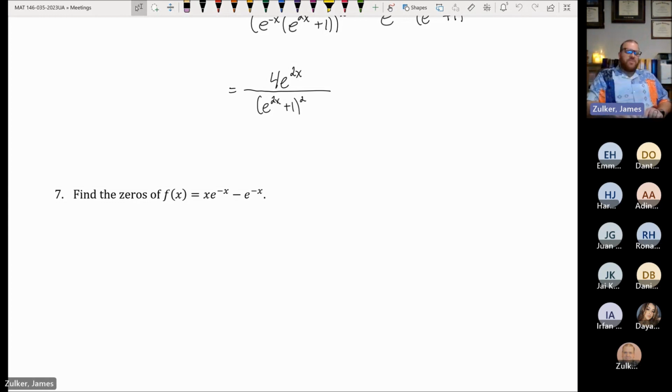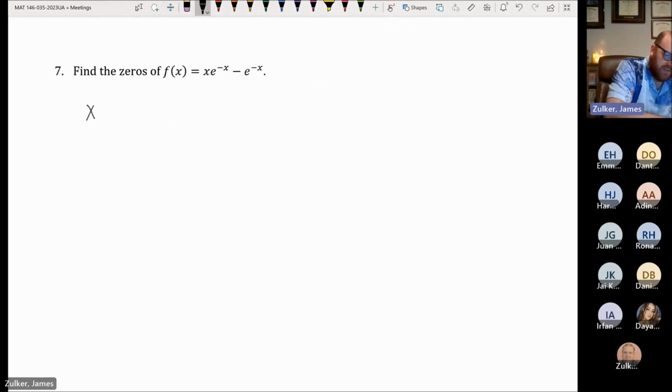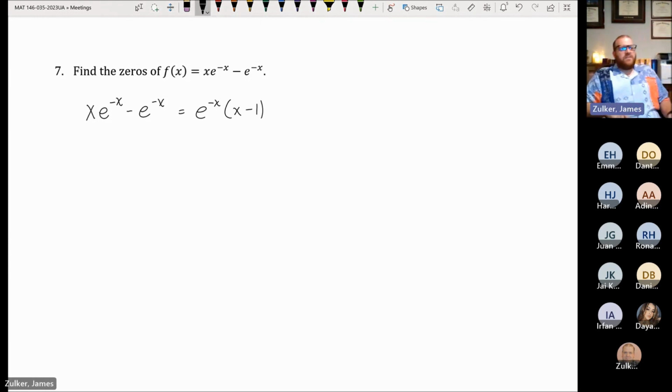Now find all zeros of this function. You can factor out e to the negative x, right? Be left with x minus 1.